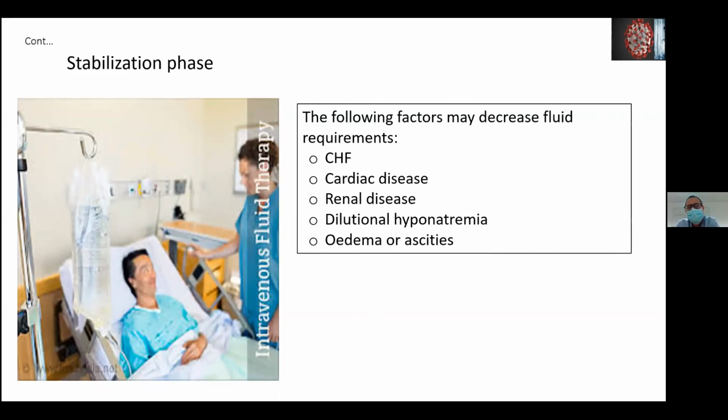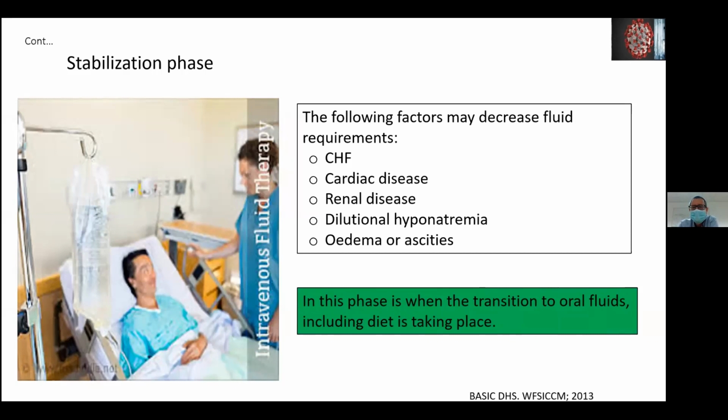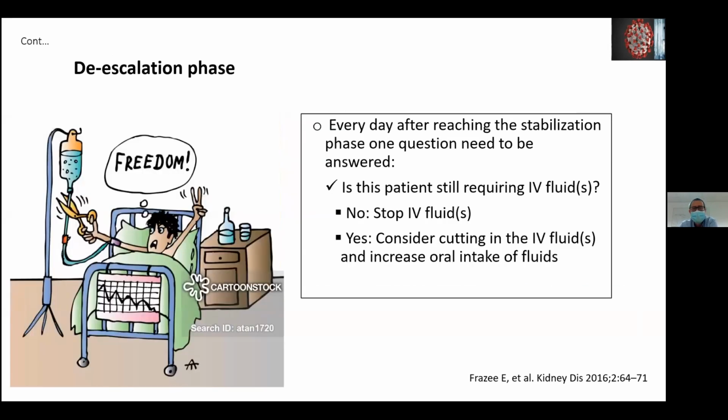Those are the conditions you have to be aware of, where the patient's tolerance to IV fluid is no good: heart failure, cardiac disease, renal disease, dilutional hyponatremia, edema, or ascites. In this phase the transition to oral fluid happens, including diet. Then the de-escalation phase.